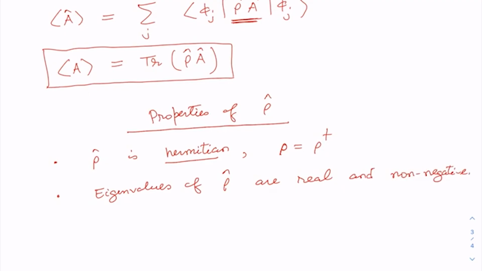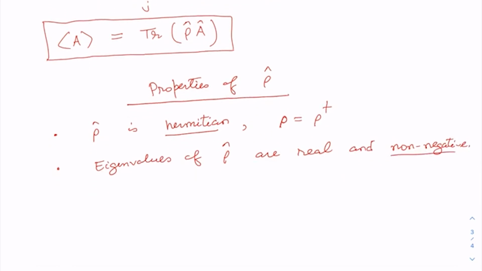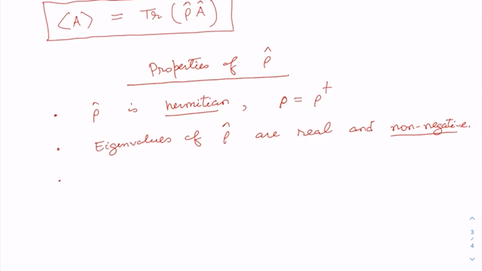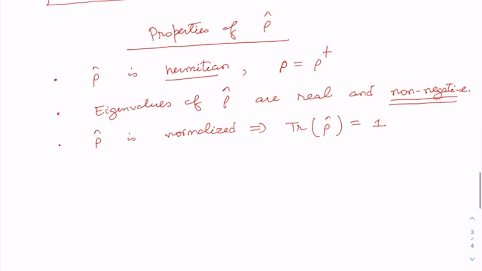This comes from the fact that the diagonal elements of the density operator represent probabilities, and probabilities cannot be negative. And rho is normalized: if I take the trace of rho, we get 1, which is obvious because the diagonal elements represent probabilities and the total probability has to be equal to 1.